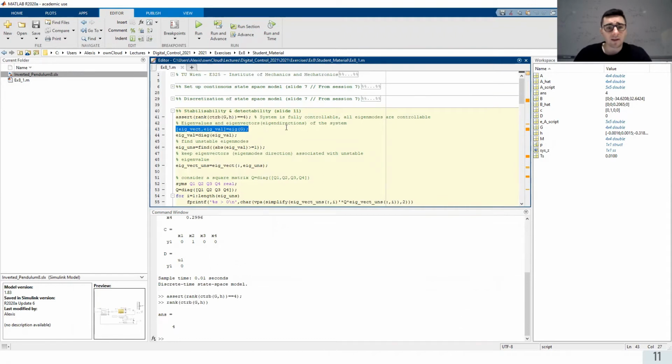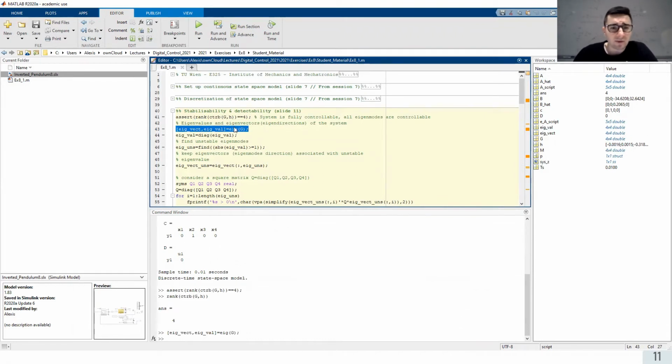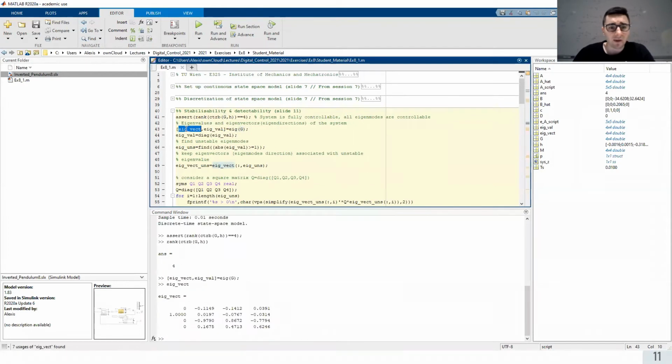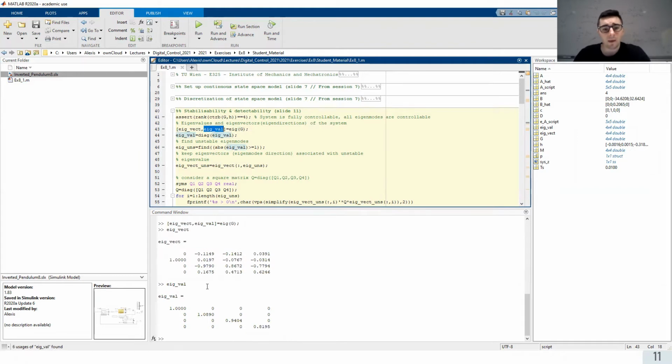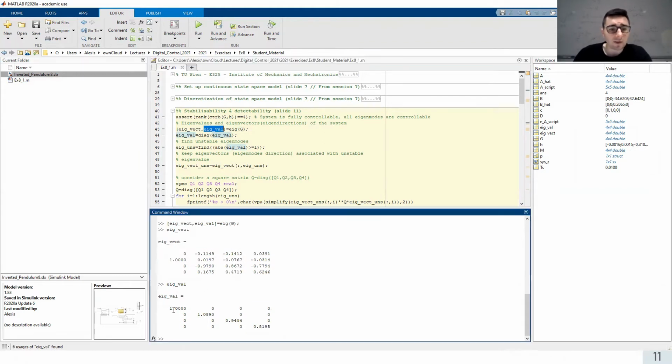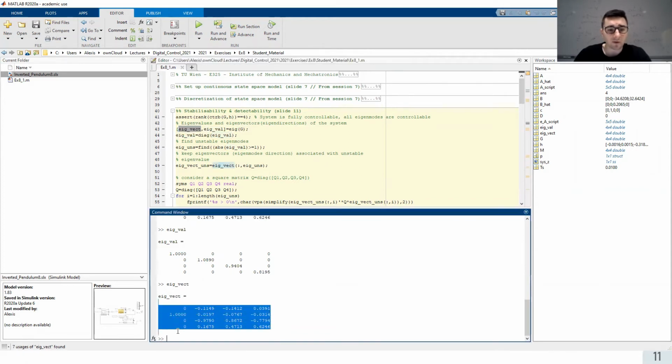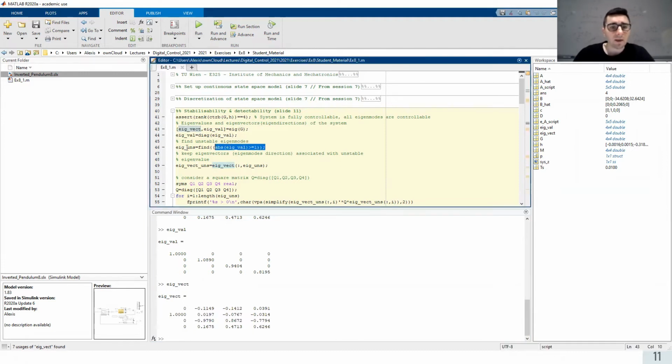Then I look at the eigenvalues and eigenvectors that I can find with this eig command here. So I got the eigenvectors 1, 2, 3, and 4, and the eigenvalues. And what I'm interested in is the unstable eigenvalues. These two eigenvalues correspond to the two eigenvectors here, the first column and second column respectively.